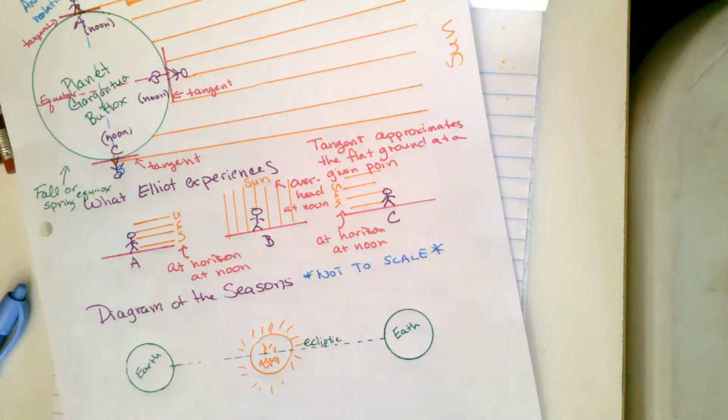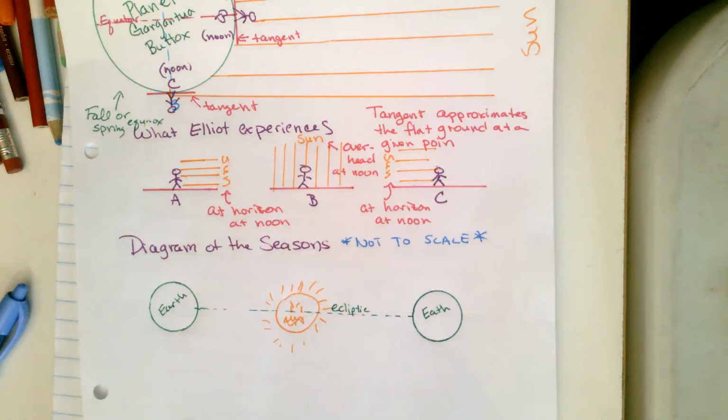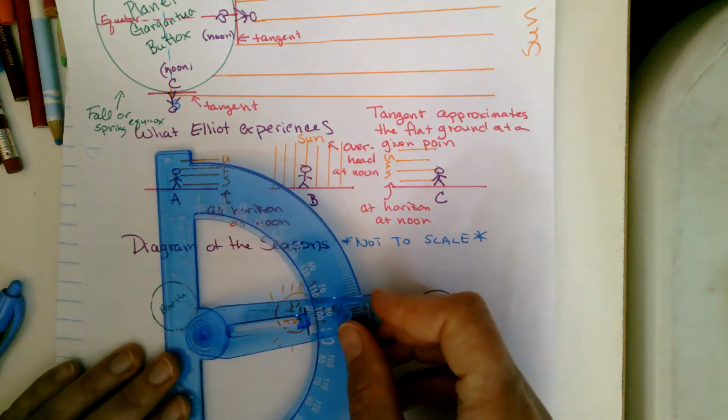Okay, and that's going to become important in just a few minutes when we're really trying to understand the relationship between the sun's angles, the angle of the sun's rays, and where it's light or dark. So Earth has a tilt of 23.5 degrees. You don't have to use a protractor.